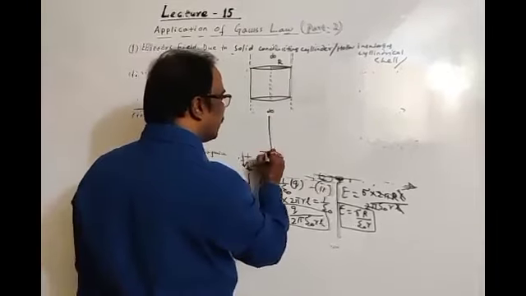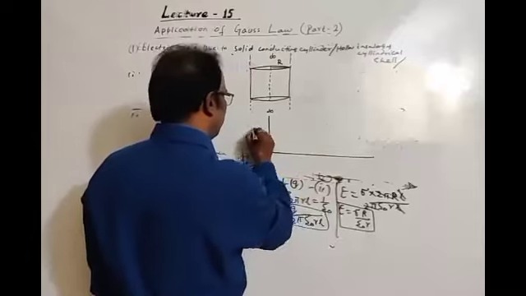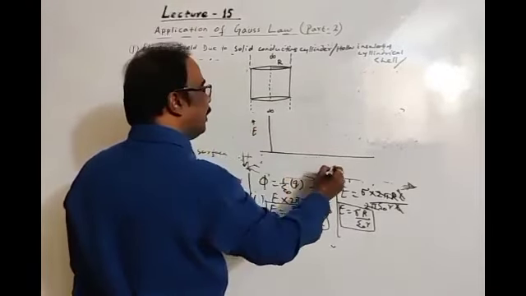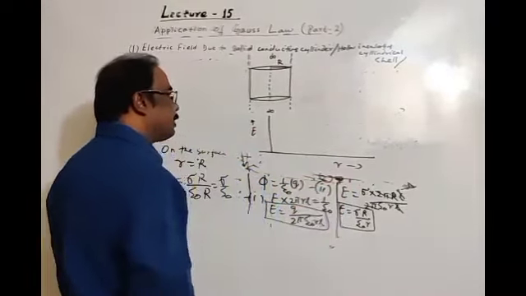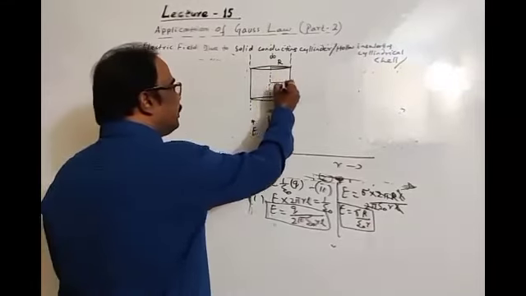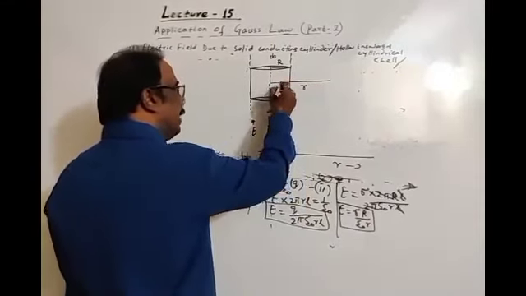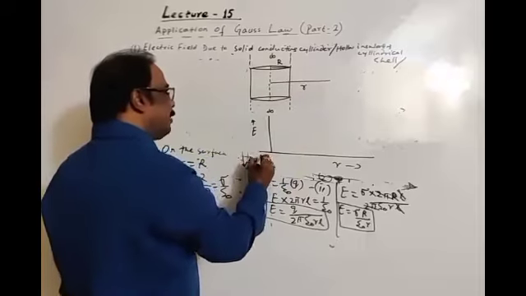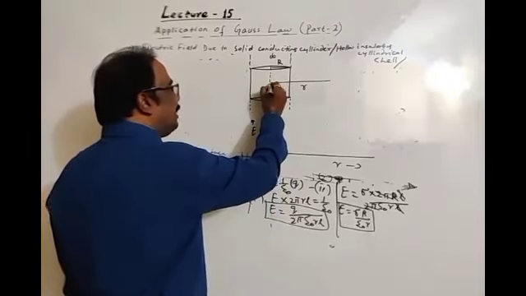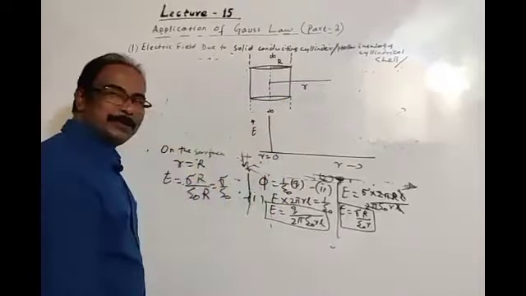We have to start our graph of variation between electric field and distance. Distance is any distance r. On the axis, this distance r may be equal to 0. If the value of r is 0, then we will come to the axis of the cylinder.